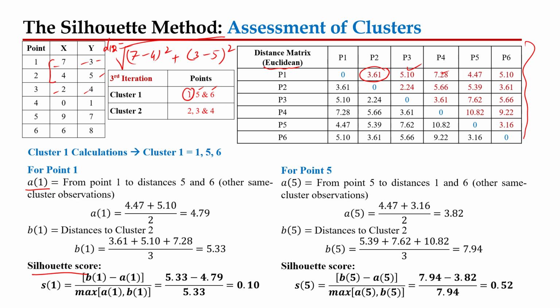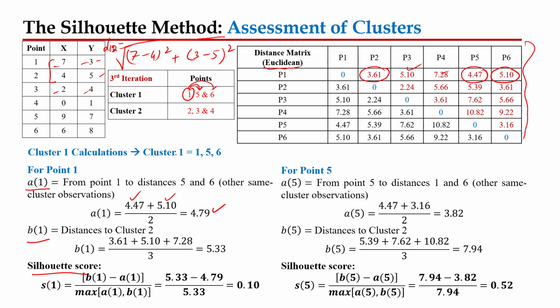That means the distance between 1 and 5 and 1 and 6. The 1 and 5 distance is 4.7, and the 1 and 6 distance is 5.10. So 4.7 plus 5.10 divided by 2, because we want the average over these two observations. So we got the average distance, or A1, 4.79.